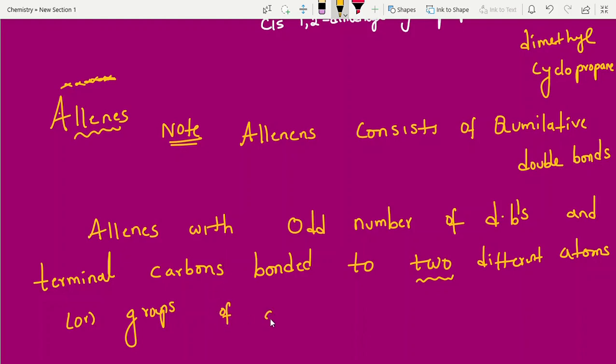Terminal is nothing but end. A group of atoms exhibit GI, that is, geometrical isomerism.